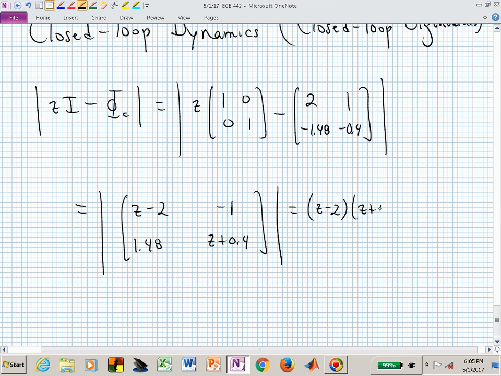Or the diagonal terms multiplied together minus the product of the off diagonals.